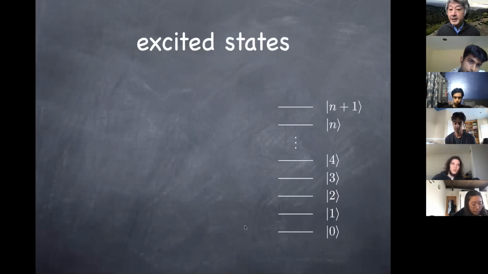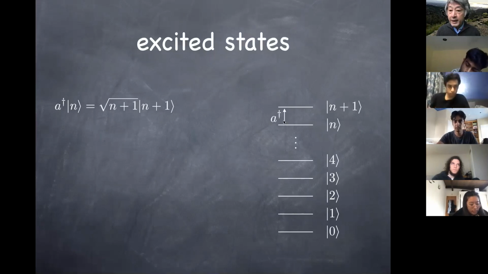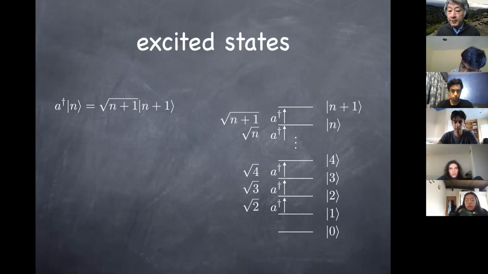All right, so that's how you build the Hilbert space now. a dagger acting on n ket gives you ket n plus 1 up to this normalization factor. And the same thing happens everywhere. So if you go back all the way to state 0, you can keep acting a dagger on top of it to go to state n, where you get this normalization factor, square root n, from 1 to n.